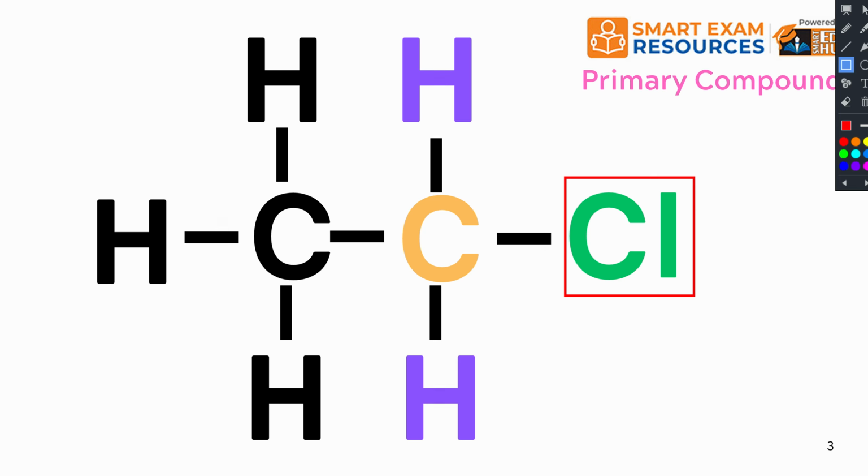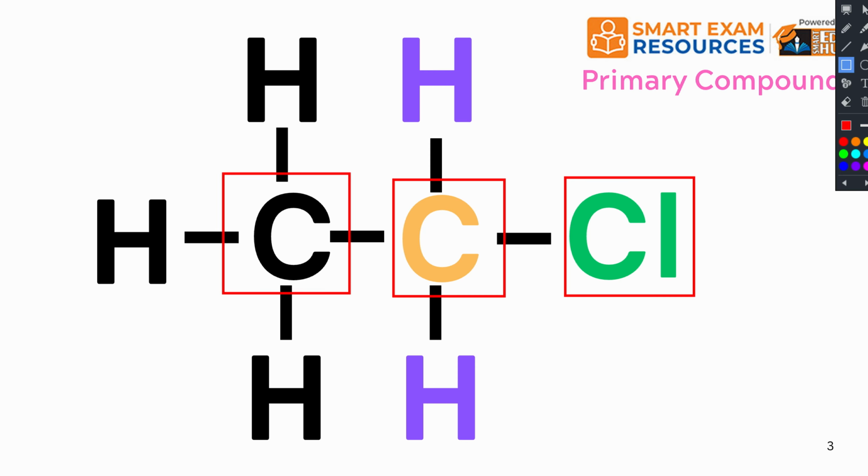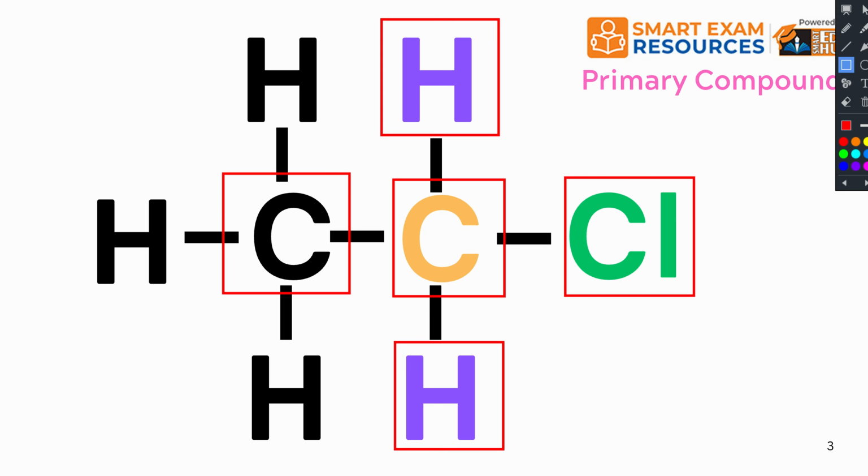The halogen chlorine is the functional group. Now, this carbon atom is bonded to the halogen functional group, at the same time just bonded to one other carbon atom, and this carbon atom which is bonded to the functional group is again bonded to just two hydrogen atoms. So once again, the criteria is fulfilled and therefore we can say that this compound again is a primary compound and the carbon atom is a primary carbon atom.